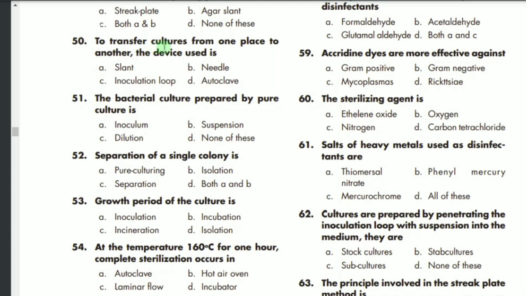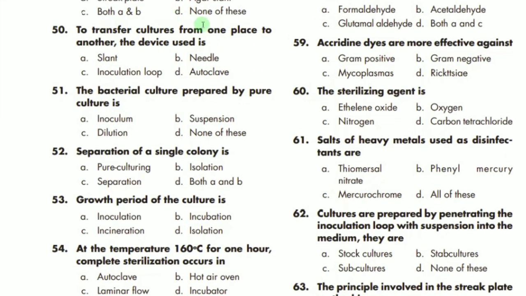It says that the device used to transfer cultures from one place to another is called what? It is mostly called the inoculating loop. C is the correct option.